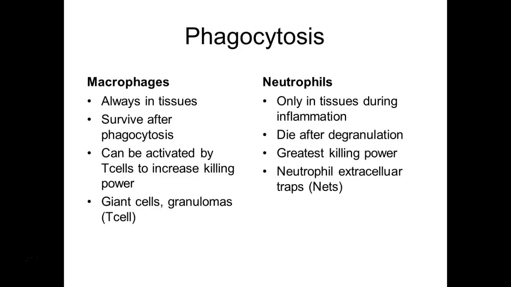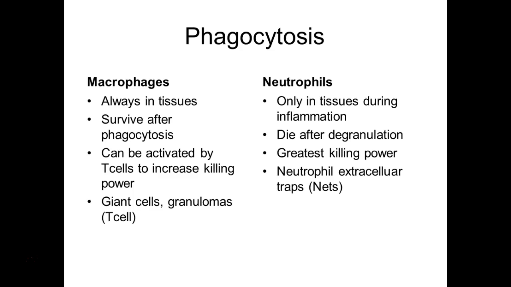So those are our macrophages. Macro meaning big. They're our big eaters. Neutrophils, on the other hand, fall under a group known as granulocytes. These guys have specialized granules in them. So like lysosomes, they contain digestive enzymes and other substances.